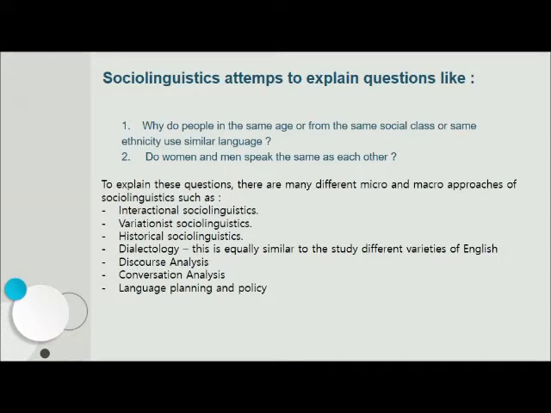To explain these questions, there are many different micro and macro approaches of sociolinguistics, such as interactional sociolinguistics, variationist sociolinguistics, historical sociolinguistics, dialectology, which is equally similar to the study of different varieties of English, discourse analysis, conversation analysis, language planning, and policy.